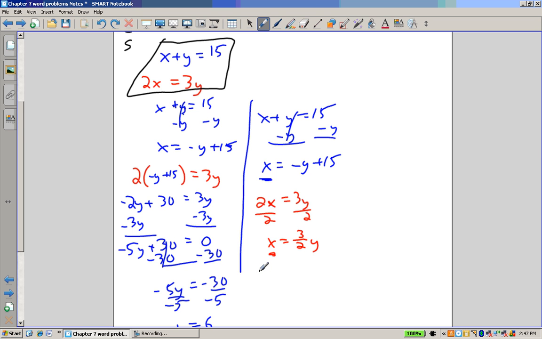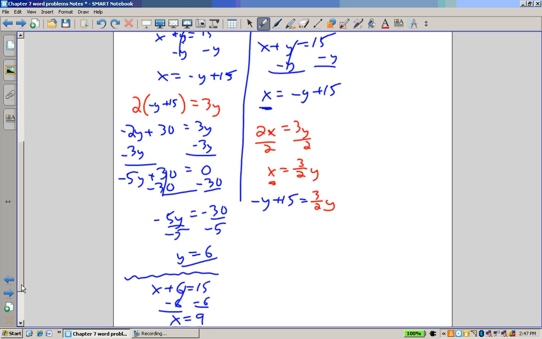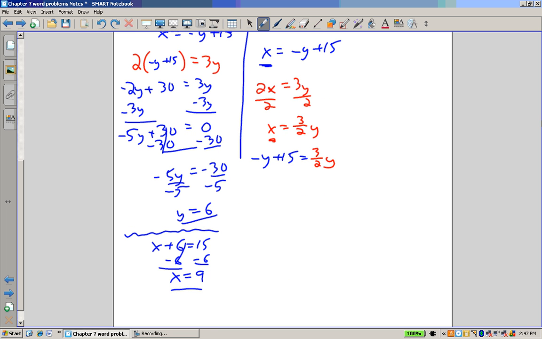The opposite of y plus 15 equals 3/2 y. Now, I don't like this fraction, so I can clear that fraction. Multiply everything by 2. So the opposite of 2y plus 30 equals 3y. And you see we get to the same point that we were right here. Subtract 3y from both sides.